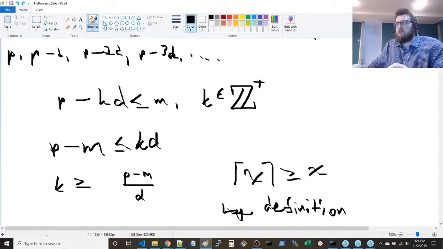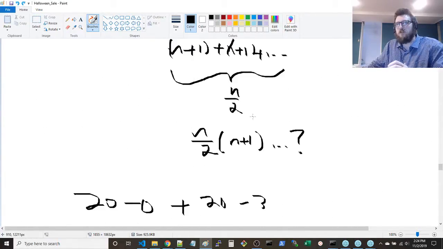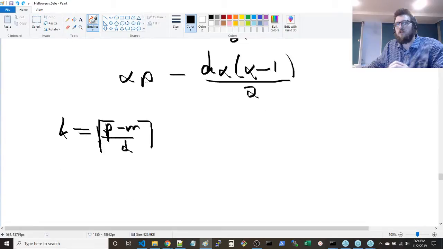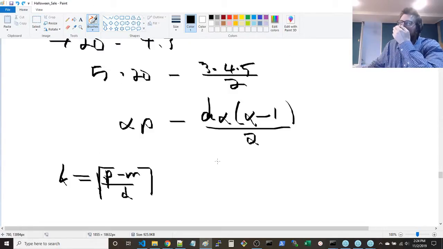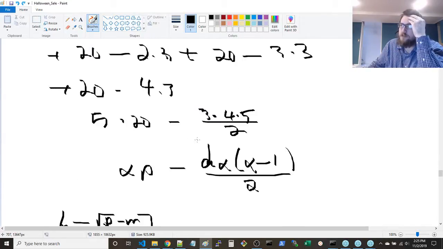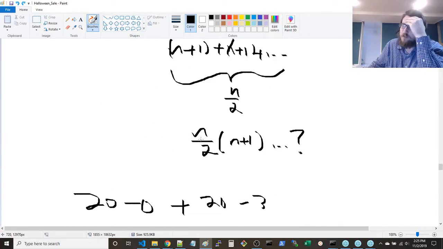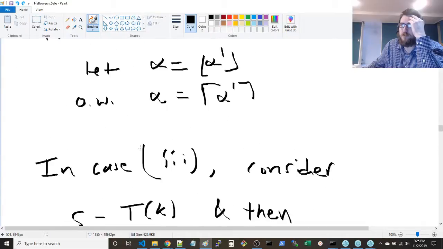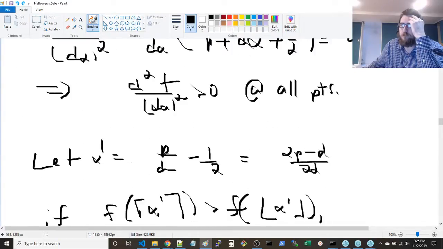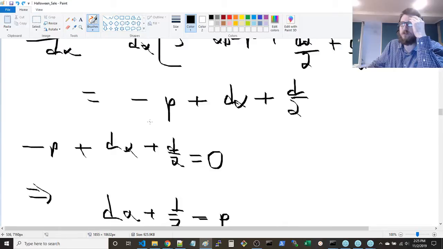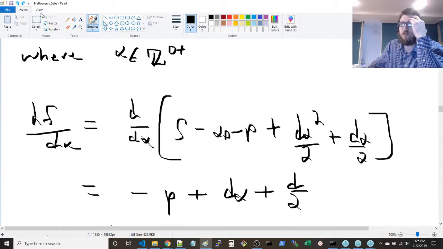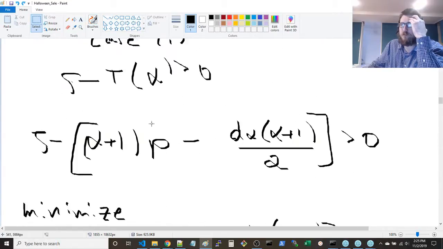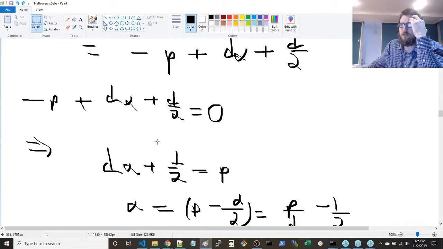Okay, so p minus m over d, and then we have the next piece, which is this function. We computed alpha prime. This part we've got to use.